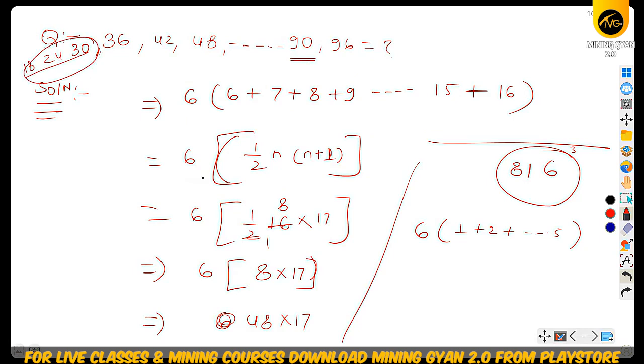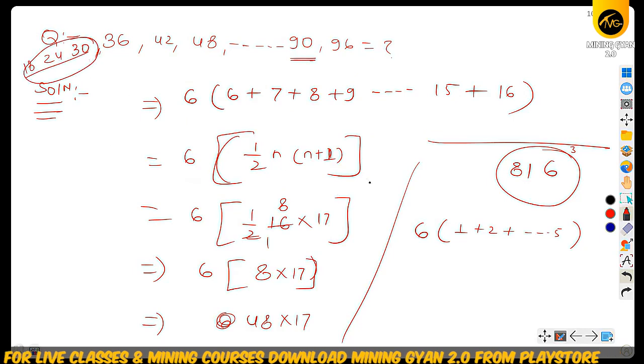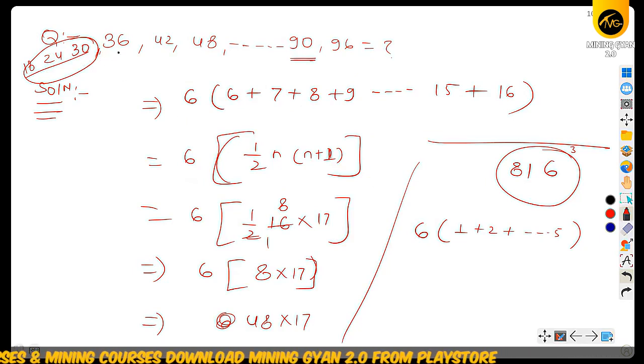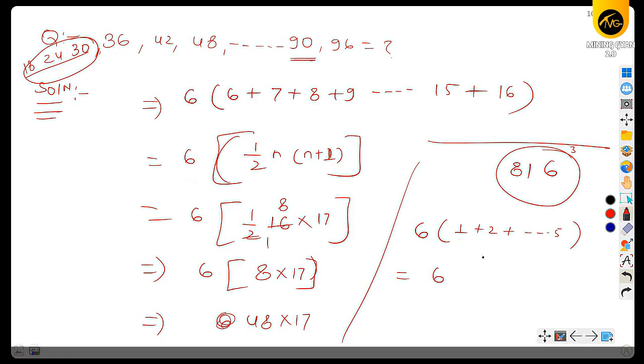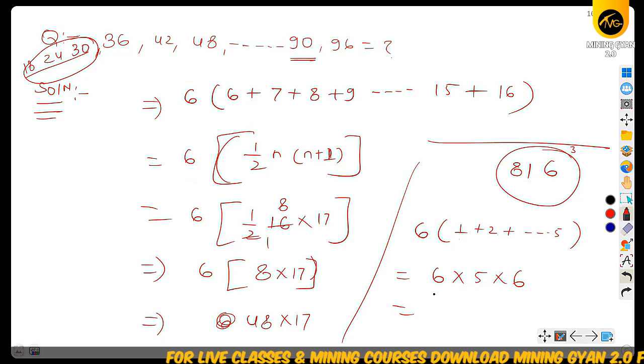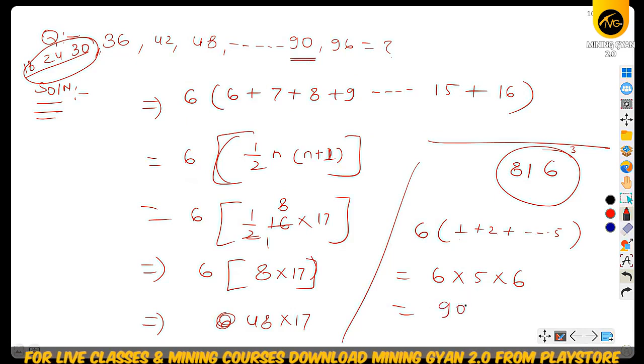So we have to work out the series before 36, that is 30: 6 ones, 6 twos, up to 6 fives, that means 30. Now again use the formula one divided by 2 times n into n plus 1. In this case, n is 5 and n plus 1 is 6. Now 6 into 6 is 36, and with 5 that means 90.